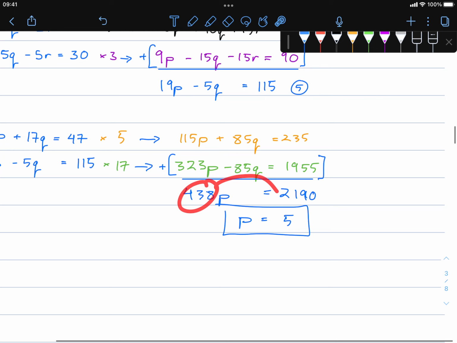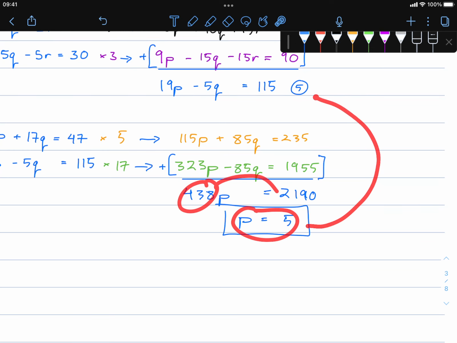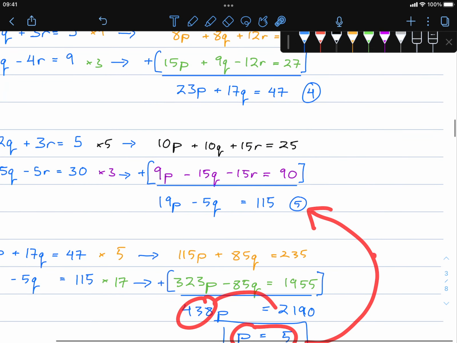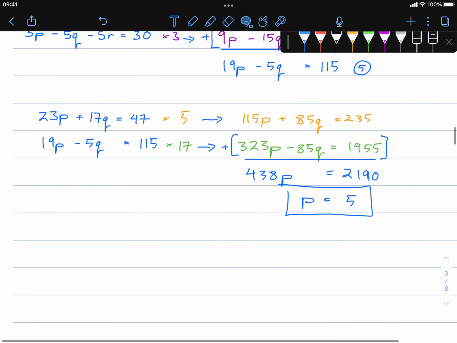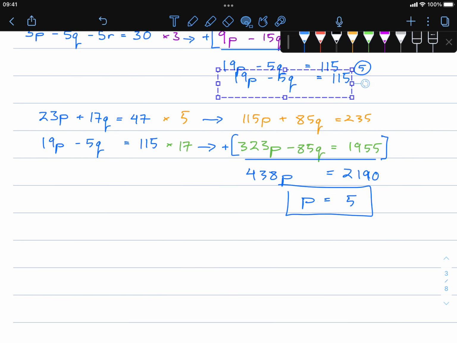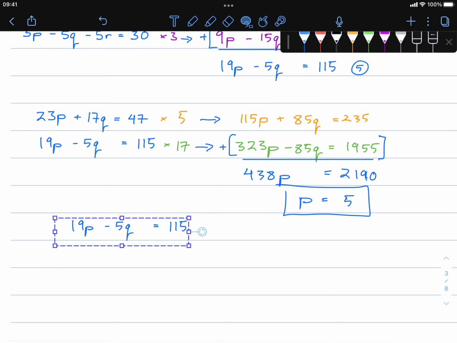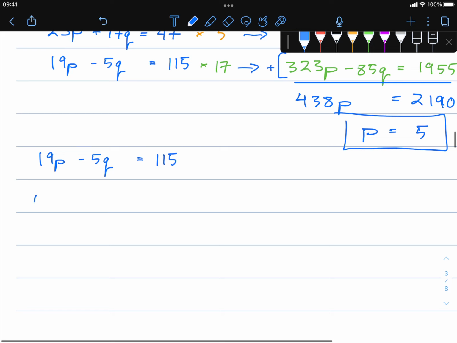But once again, now that we have p, we just go back and substitute into 4 or 5. It doesn't matter which one. I prefer to choose the smaller value here. So taking from equation 5, substituting 5, so 19 times 5 minus 5q equals 115.